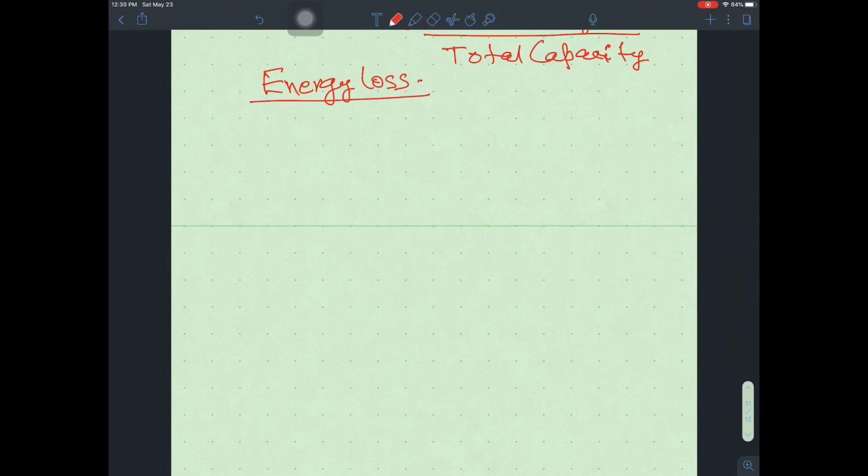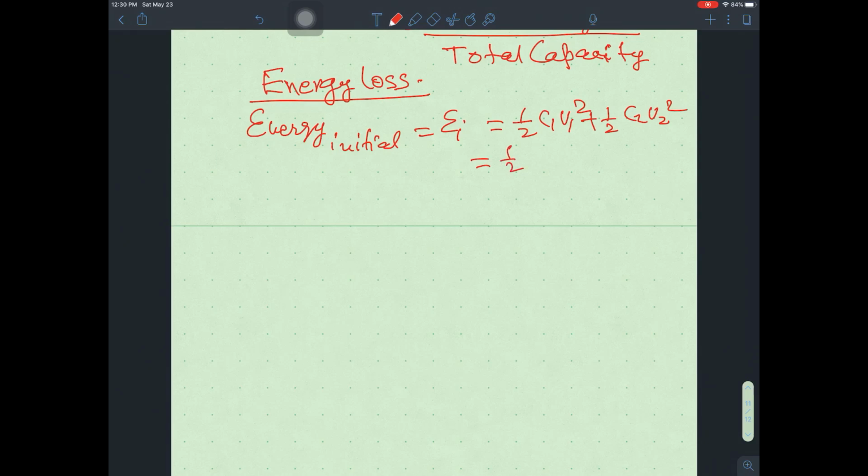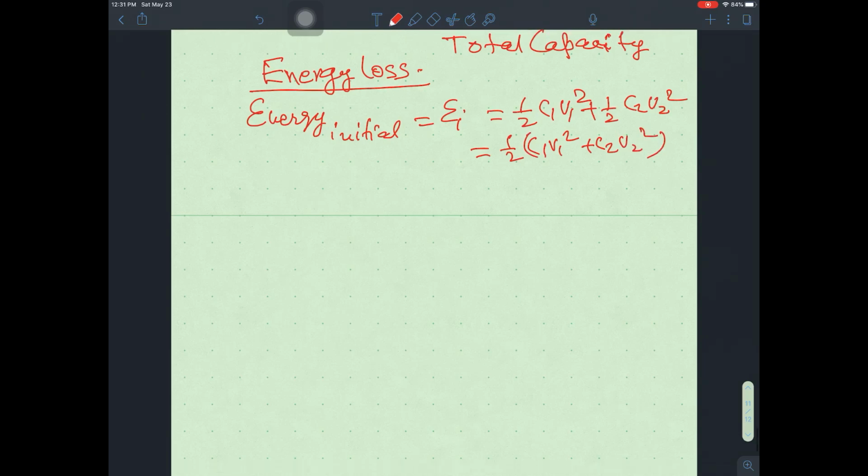If we talk about the initial energy of the system, represented by, I am writing EI, then this is your half C1 V1 square plus half C2 V2 square, that is your 1 by 2 (C1 V1 square plus C2 V2 square). 1 by 2 I have taken as common.